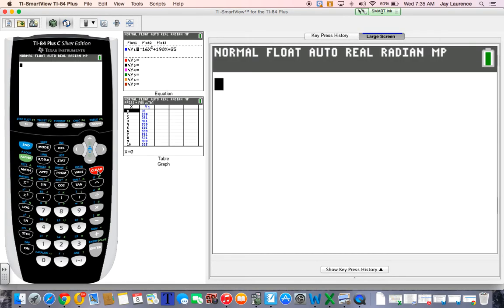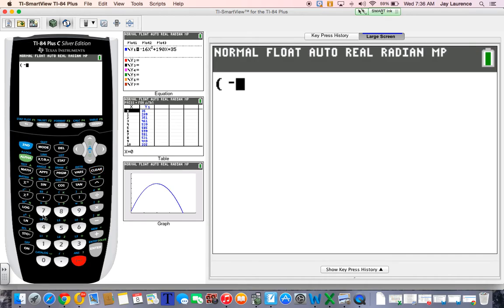So I'm going to do the numerator in parentheses. So I'm going to go negative 70 minus the square root of 5252. Now, if you're on one of the calculators at school, you're going to have to put two sets of parentheses.